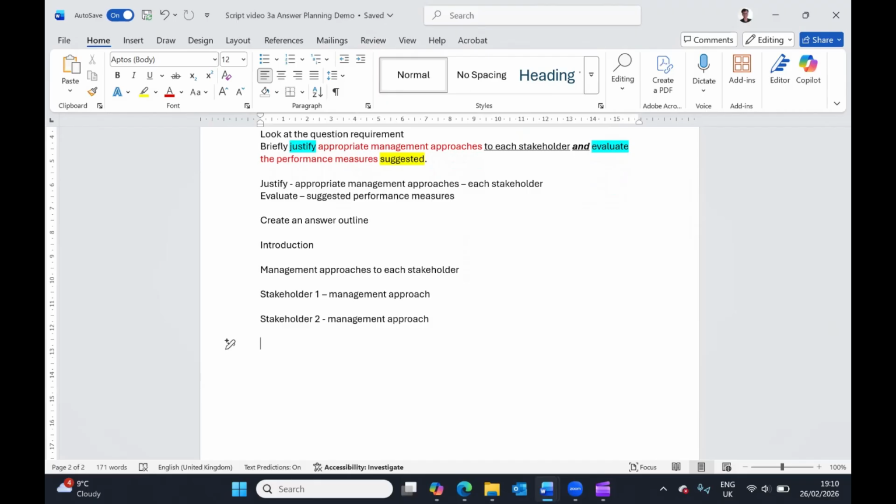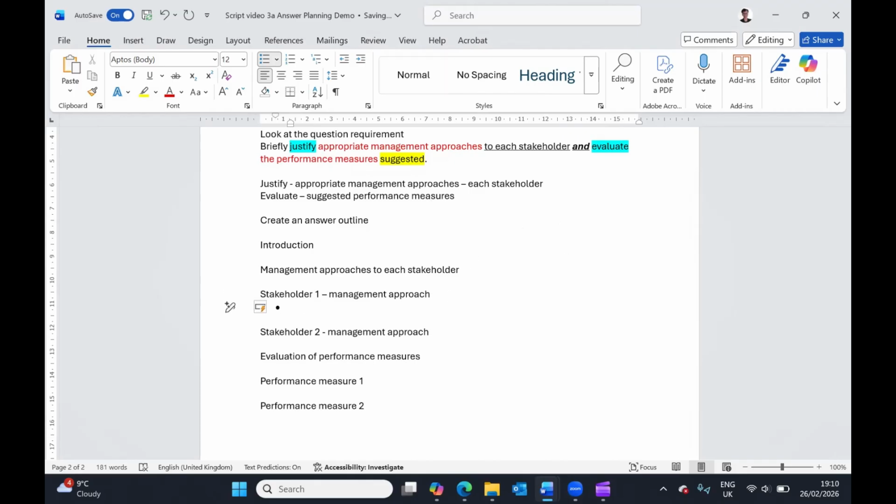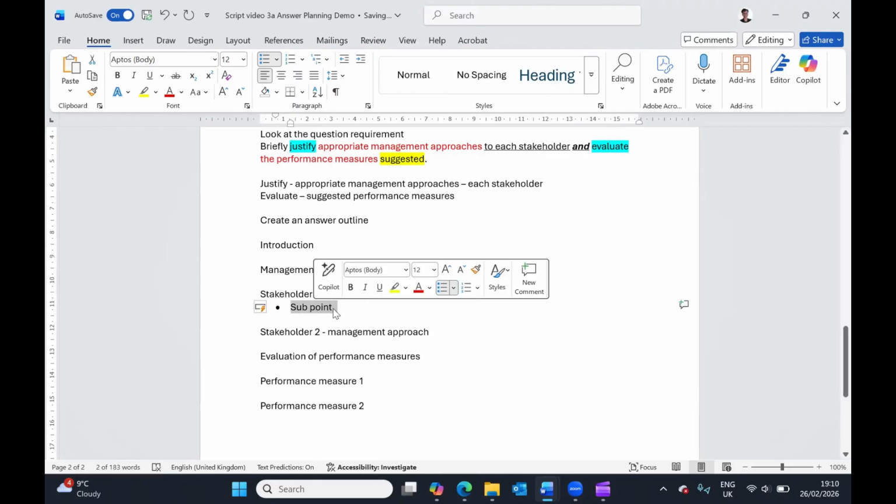And then I need to make sure I cover the evaluation of performance measures. Okay, so I would say performance measure 1, performance measure 2. And so obviously under here, I would have my sub points under each one, right?